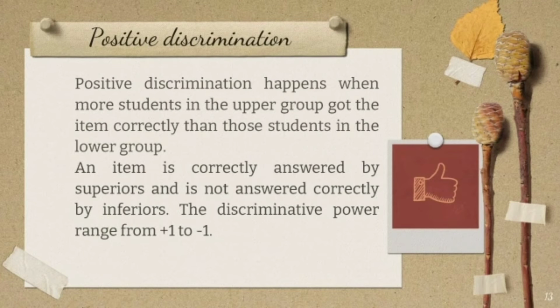Positive discrimination. Positive discrimination happens when more students in the upper group got the item correct than students in the lower group. An item is correctly answered by superiors and is not answered correctly by inferiors. The discriminative power ranges from positive 1 to negative 1.